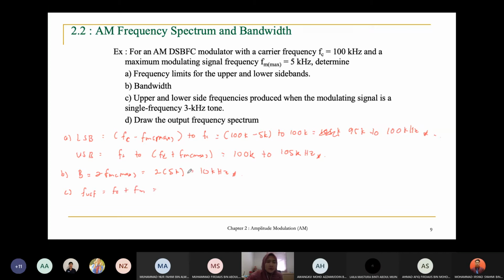Fc is 100K, Fm is 3K, so plus 3K. The answer is 103 kilohertz.